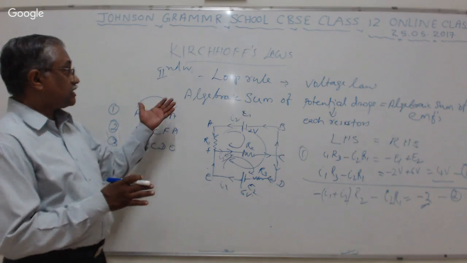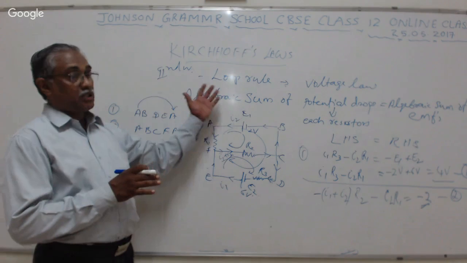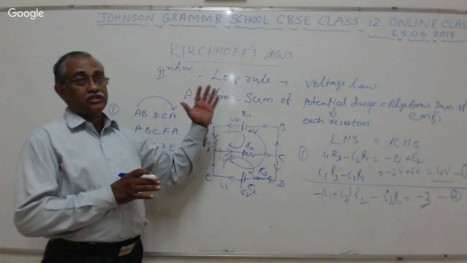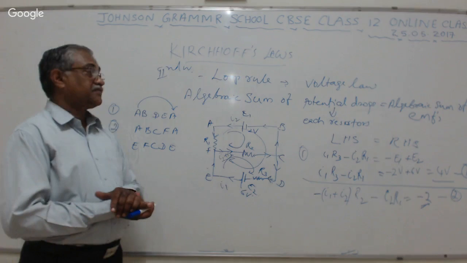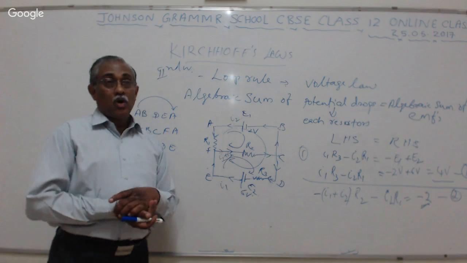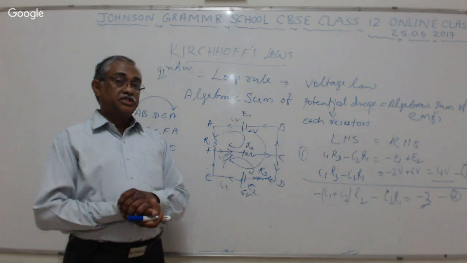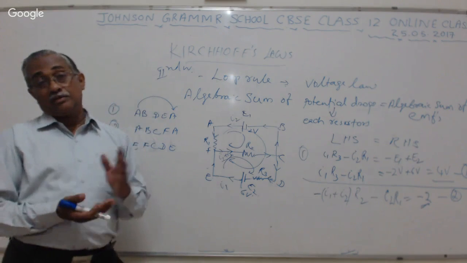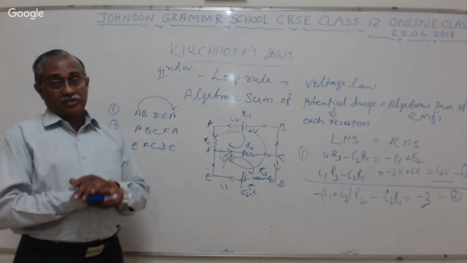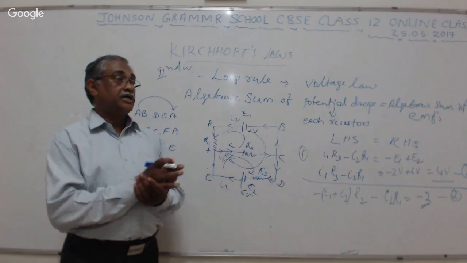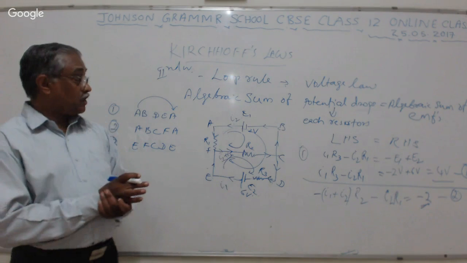The first law says that the algebraic sum of current at a junction is equal to 0, or the sum of current coming to the junction is equal to the sum of current going away from the junction.